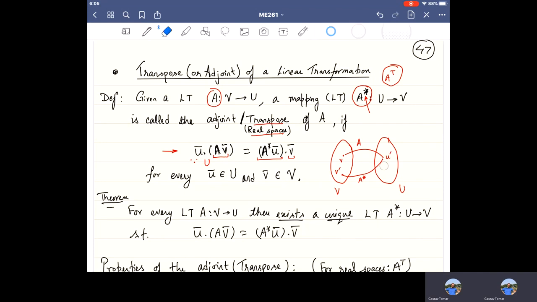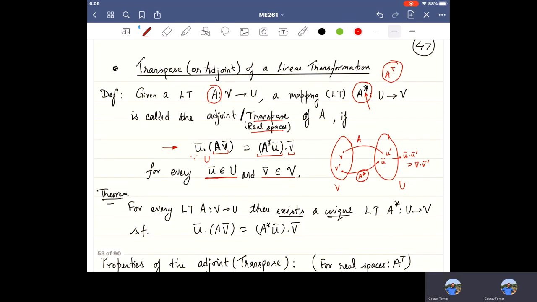So the requirement of this expression is that the dot product of u with Av should be the same as the dot product of A star u with v. This is how you define the transpose, and this is for every u that belongs to vector space U and every v which belongs to vector space V.